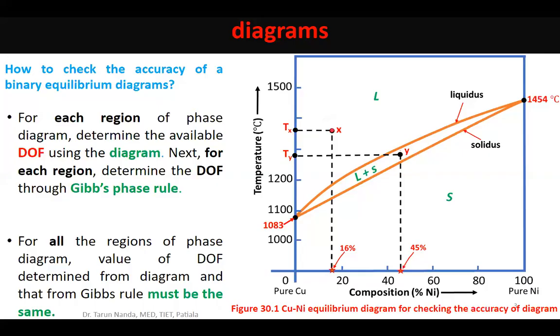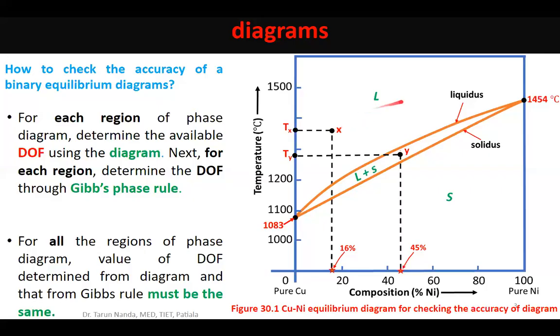So students, when I was at point X at temperature Tx, and I've taken an alloy of 16% nickel, if liquid solution is existing in it, because it's a single phase, the chemical composition of the phase is the same as the chemical composition of the alloy system. So when I am at temperature Tx, there is only one phase, liquid solution, in the system.